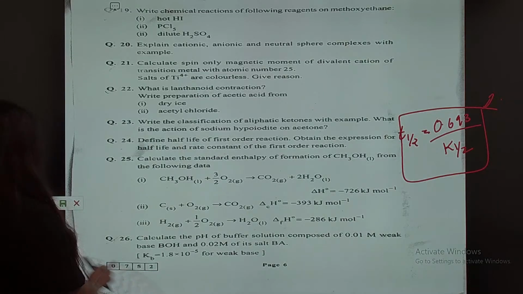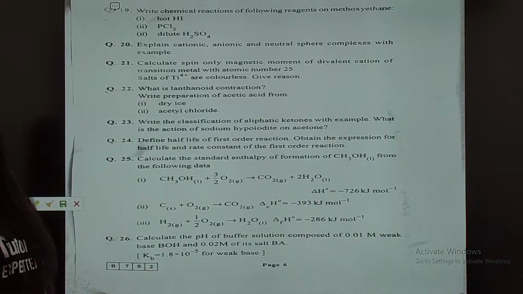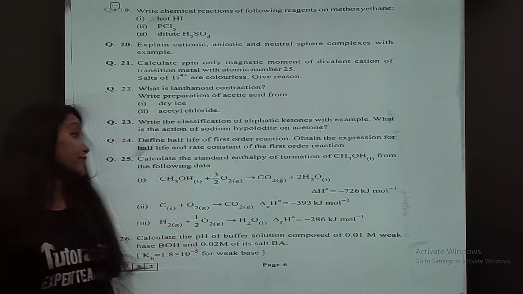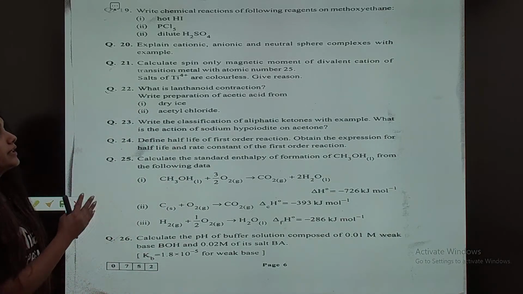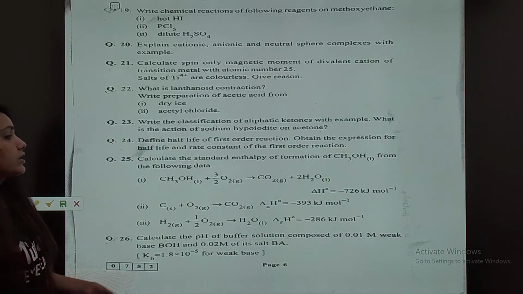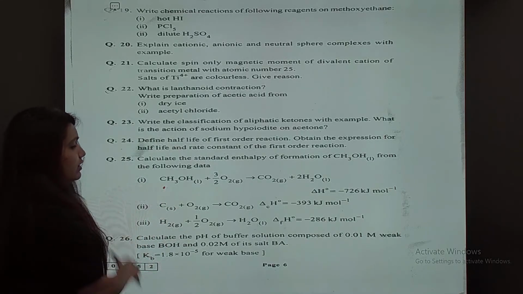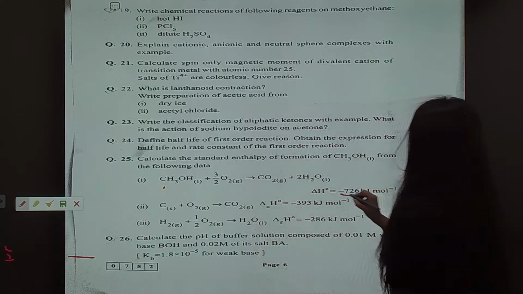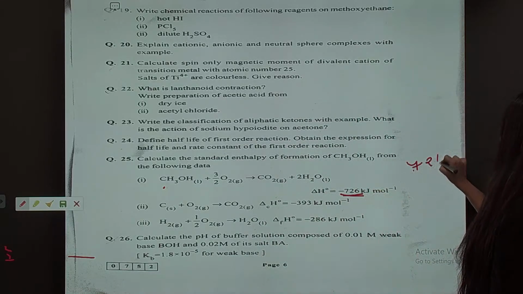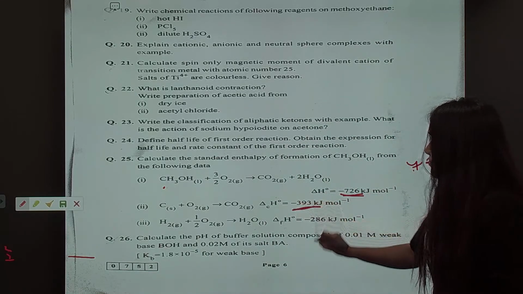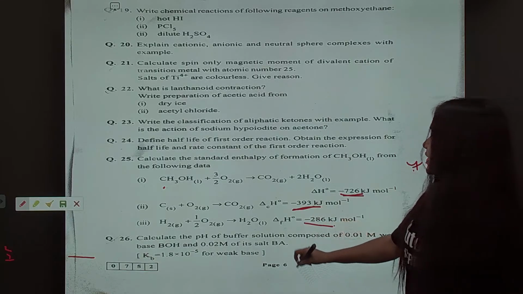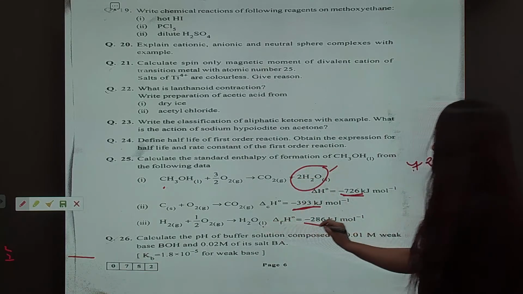Moving on to the next question, which is question number 25. Question 25 says, calculate the standard enthalpy of formation of CH3OH from the following data. Data is given to us. You just need to reverse this one, which will give you the value from minus 726 to plus 726, but since you are getting 2H2O here, this will become twice.